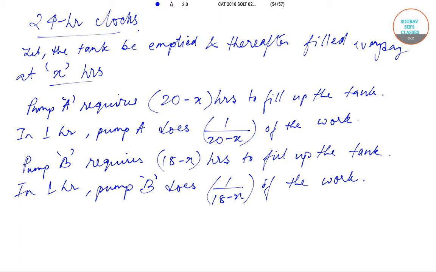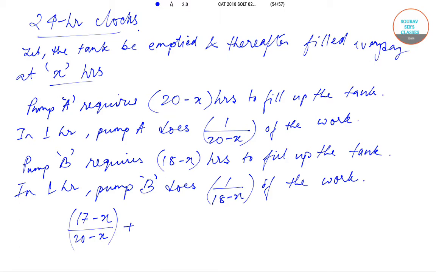Since pump A worked up till 5 p.m., so basically 17 hours, and it started working from X hours, every day it starts working at the same time, it worked for 17 minus X hours, and the amount of work that it did is 17 minus X into 1 by 20 minus X. So this is the work done by pump A.